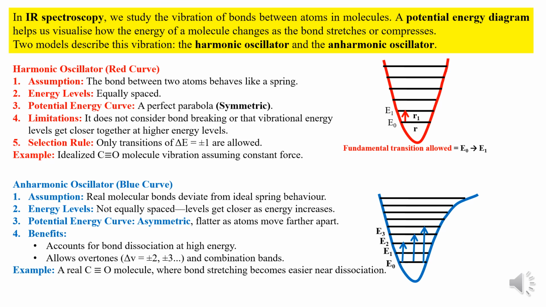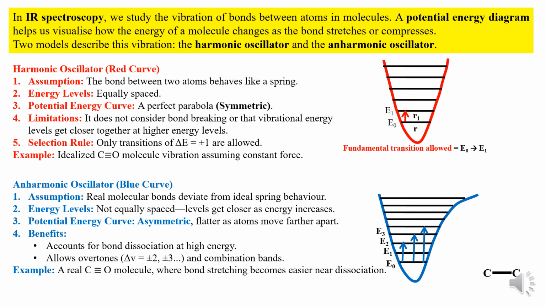And what are the major advantages that you find in the case of the anharmonic oscillator? There are two major advantages. The first advantage is that the anharmonic oscillator accounts for bond dissociation at higher energies. Now the covalent bond, as I already mentioned, is not rigid in nature.